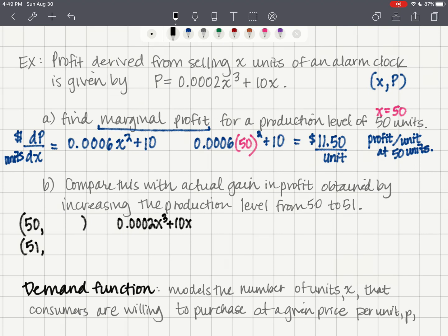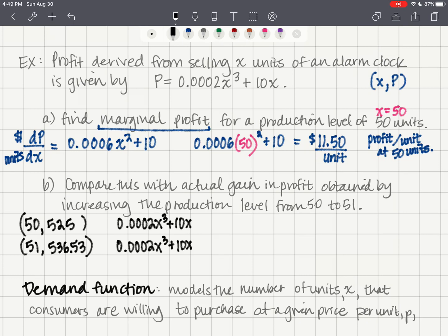You'll put that 50 in and you'll get $525. Okay, do the math, make sure I got it right. And then when you put 51 in, you're going to get $536.53.